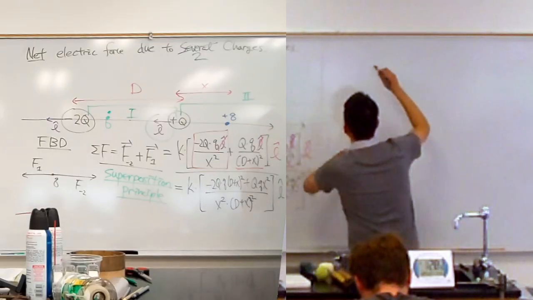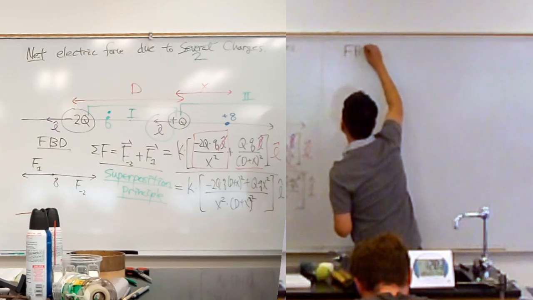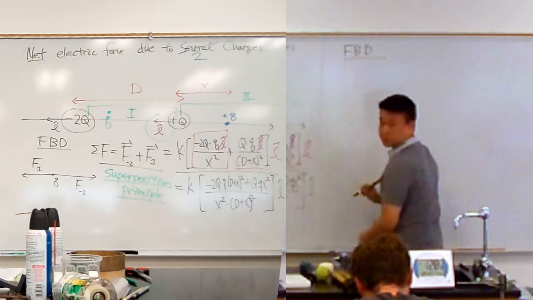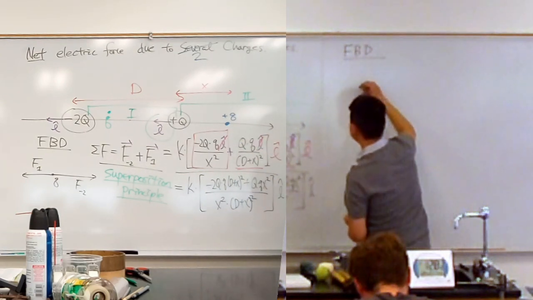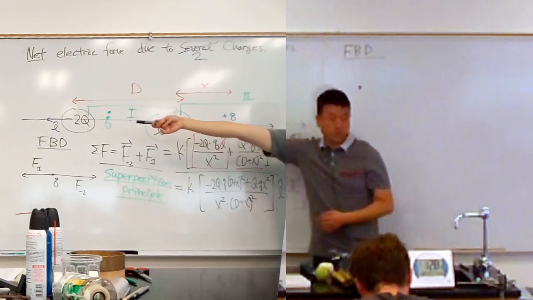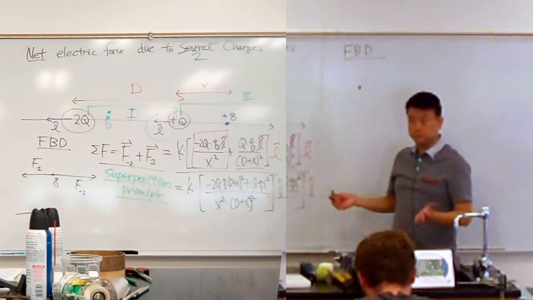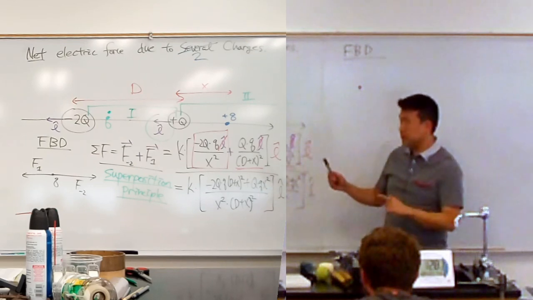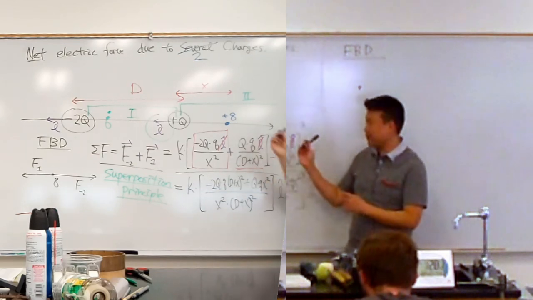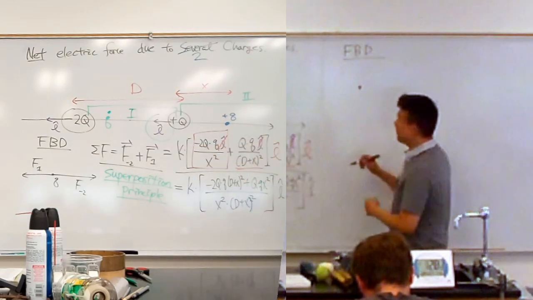So this is the new free body diagram for this charge. So what's the direction of force from minus 2Q? Yeah, it's attractive, and attractive means to the left this time.